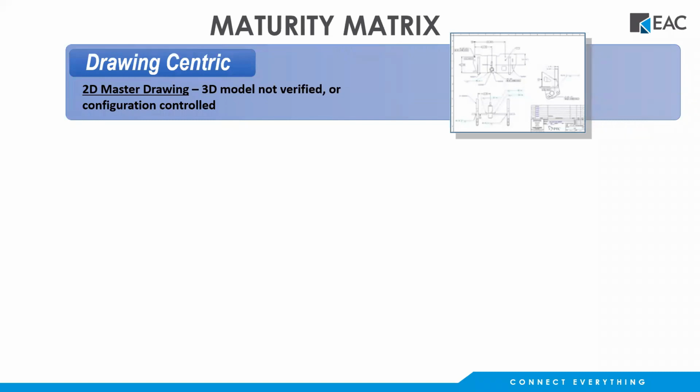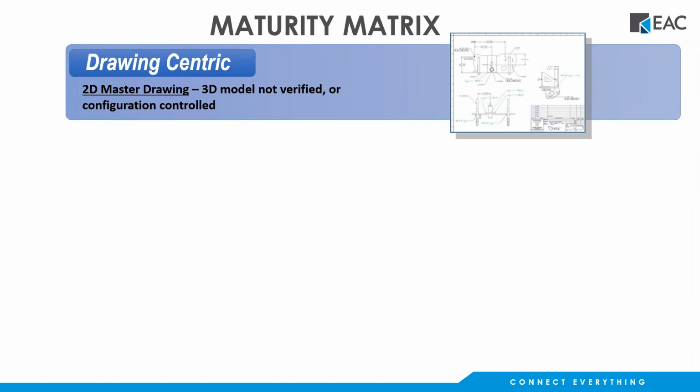We don't even have a 3D model. We still work with a lot of customers who are in this state, where they're doing everything in 2D, which is fine. But I think those companies are going to need to start changing the way that they define their products.